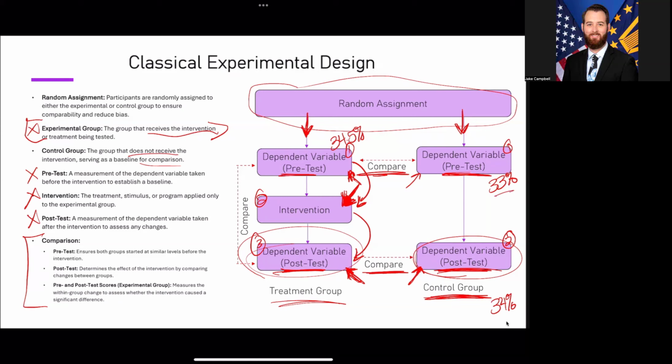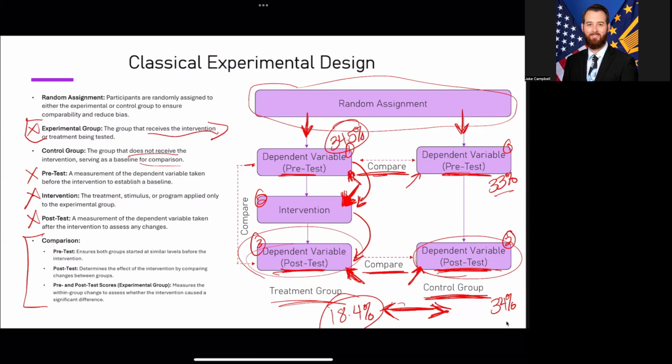But here, right, we might see something like 18.4%, right? Maybe that's because we don't spend 33% on defense, and that group's opinion overall changed as a result. And so we now see both the difference between these two values, which is something we want to compare, the post-test comparison, and then we want to look at what we call the within group comparison. So we want to look at the fact that the 34.5 changed to 18.4, right?